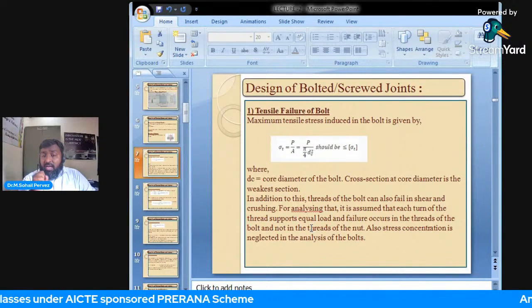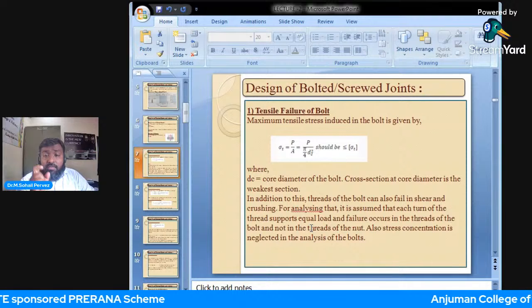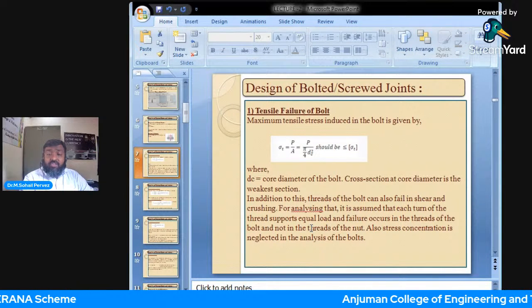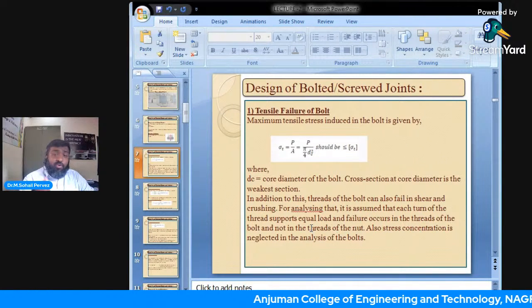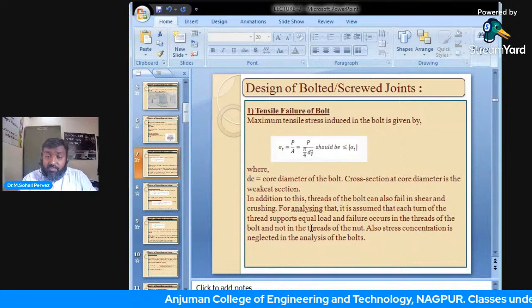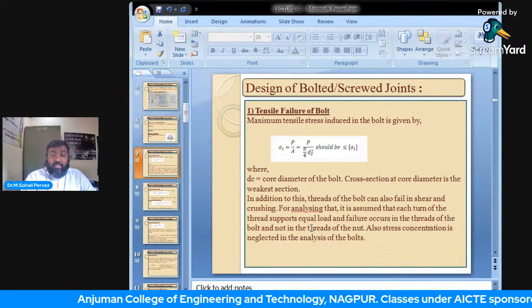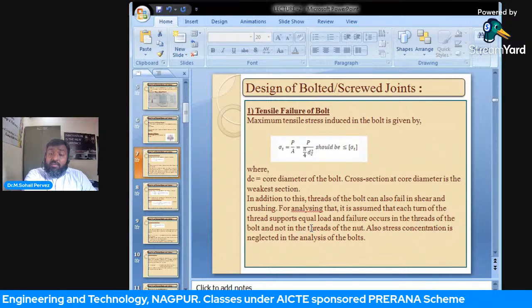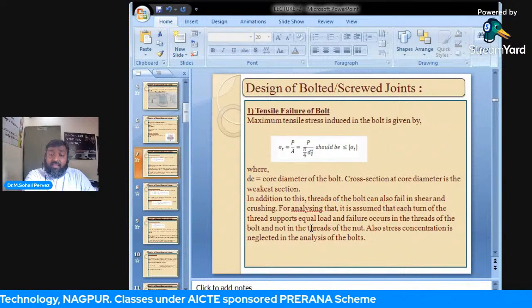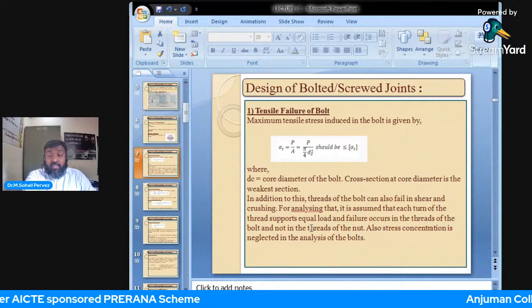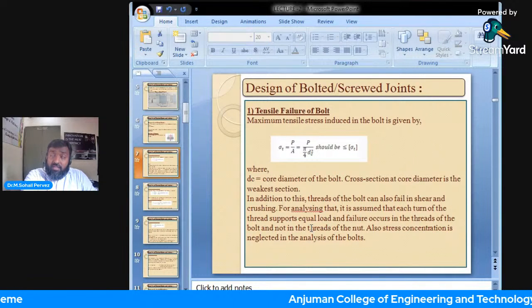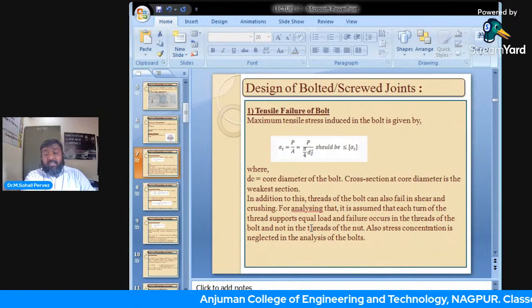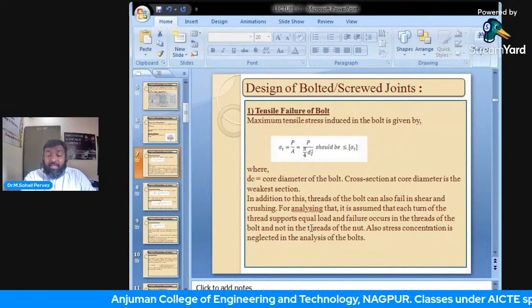Because if our calculations are safe on minor diameter, then it will be safe for pitch diameter as well as for nominal diameter or major diameter also. So dc is the core diameter. Now, the bolt may fail in tension, sometimes it may fail in crushing, it may fail in shear. It depends on the nature of application of load.